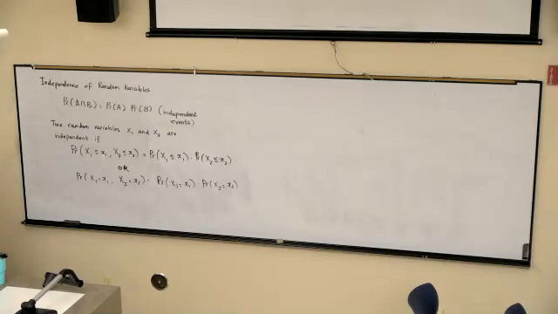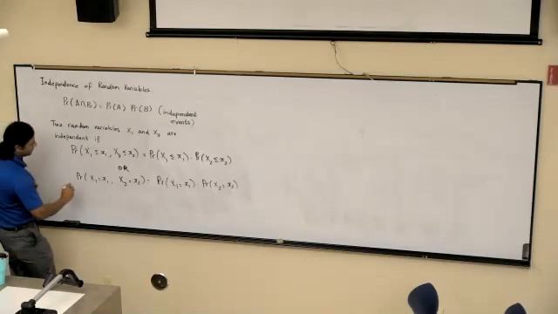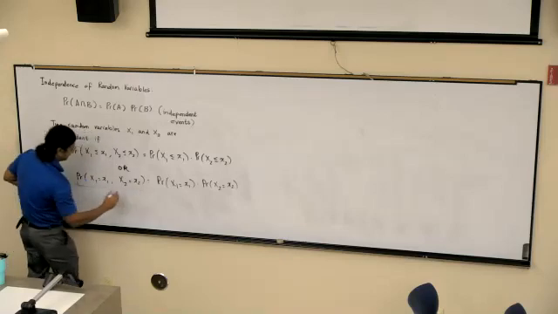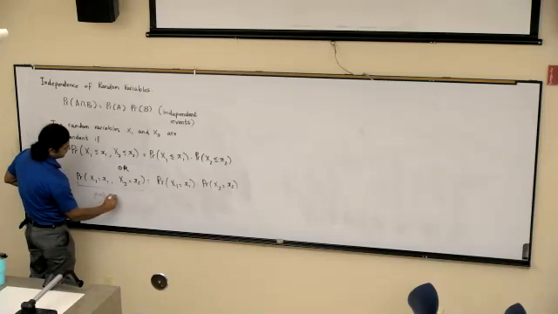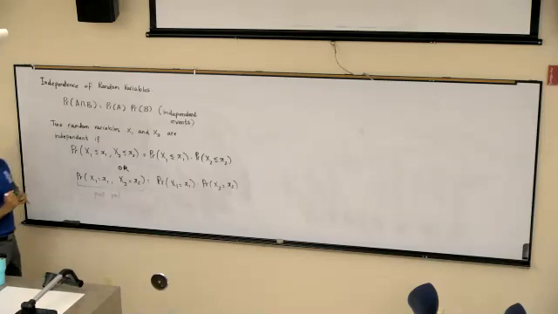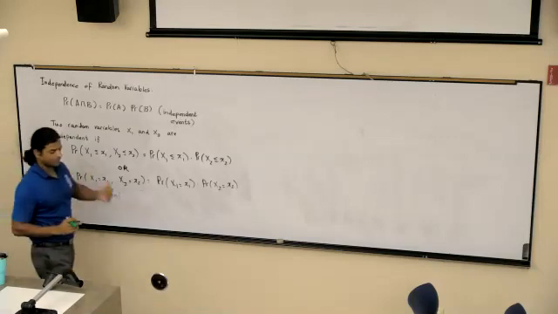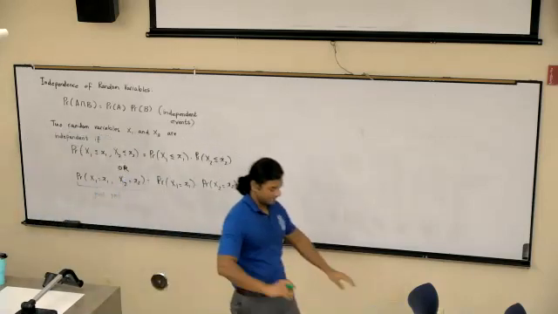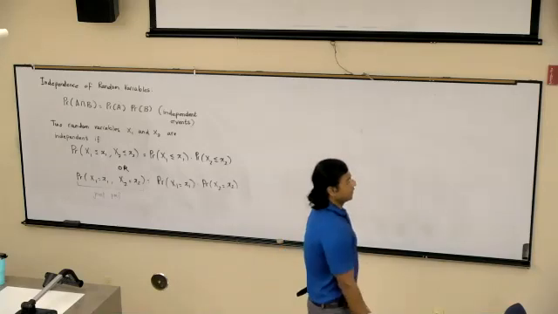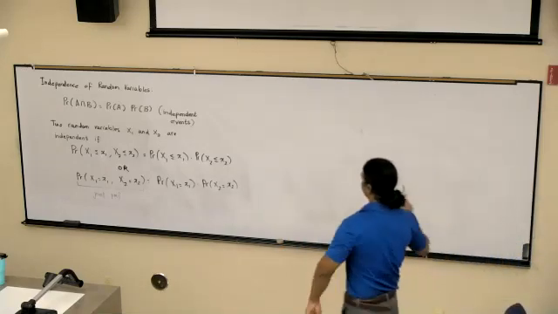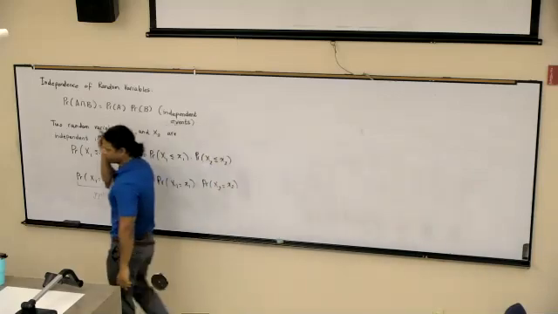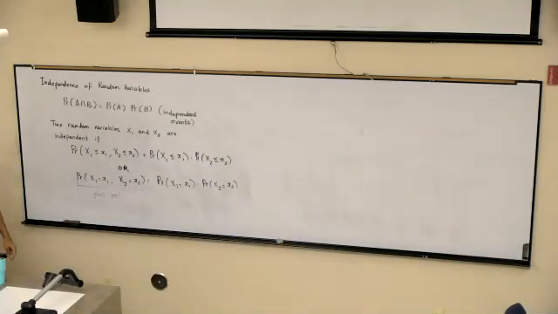On the left-hand side, the combined one is what we call a joint PMF. Later on, we will talk about a joint probability distribution function with continuous random variables, so we will just extend this idea to density functions.